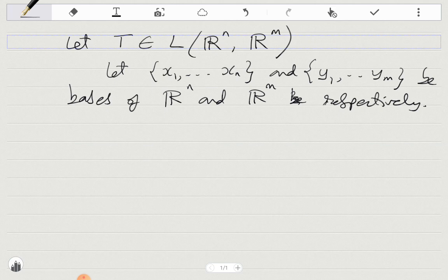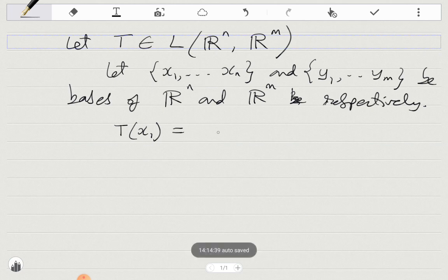So the idea is that all the information about T is encoded in a set of n times m real numbers. And how do we get this? Well, let's look at T x1. I know that it's an element of Rm, therefore I can write it in terms of the target basis.